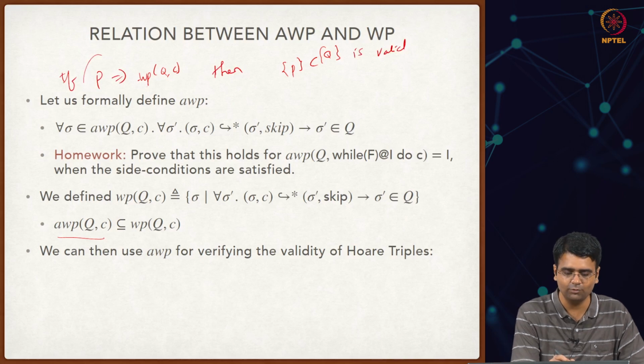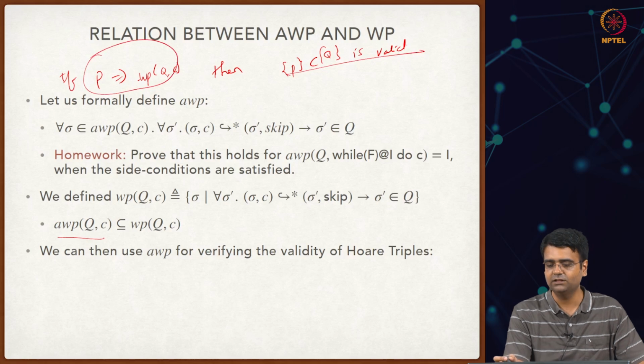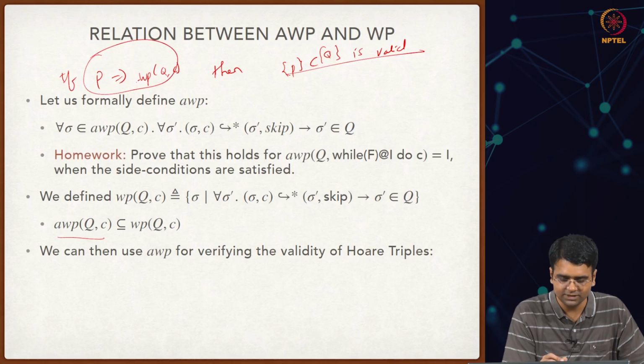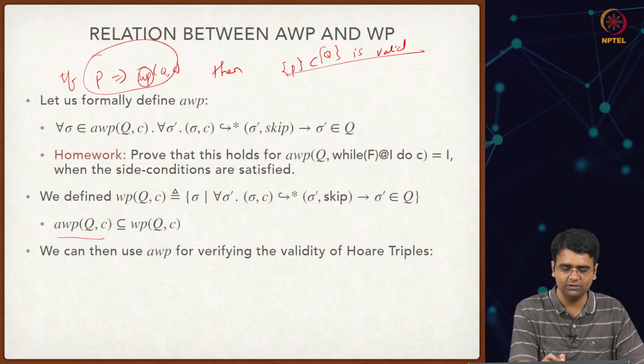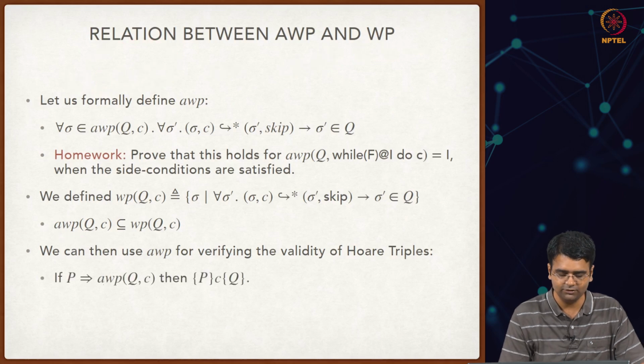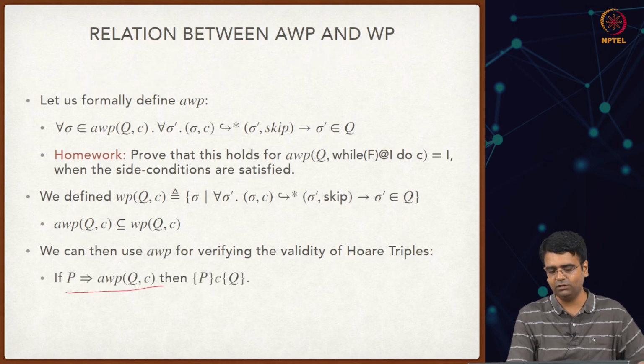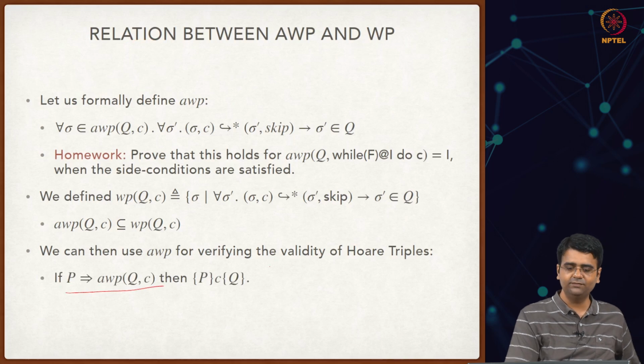So if this formula is valid, then the whole triple is also valid. Now instead of using WP, all we will do is use AWP instead. So if the formula P implies AWP(Q, C) is valid, then the whole triple {P} C {Q} is also valid.